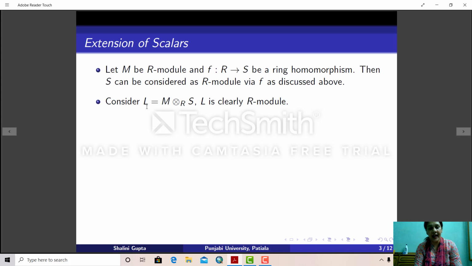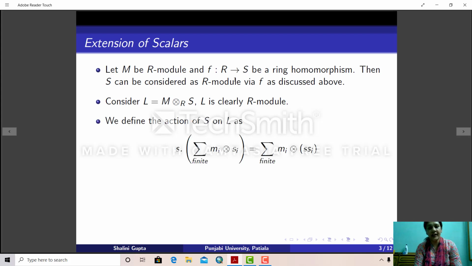Now we will give this L an S module structure via this action. We define the action of S on L as follows: take an arbitrary element of M tensor S. It will look like a finite sum of m_i tensor s_i, where m_i belongs to M and s_i belongs to S. So let s belong to S. Then we define the action of s on L as s times the summation of m_i tensor s_i, that is, m_i tensor s s_i.